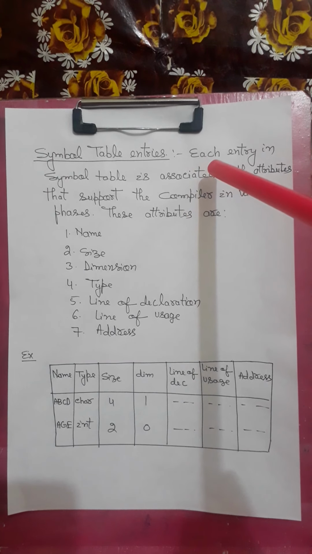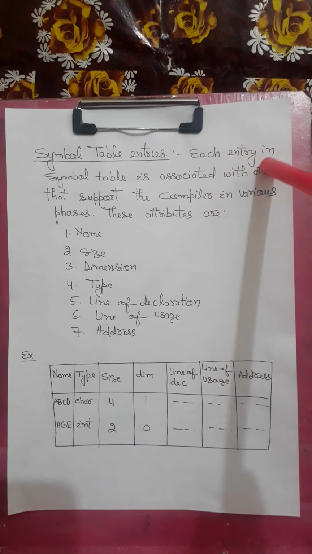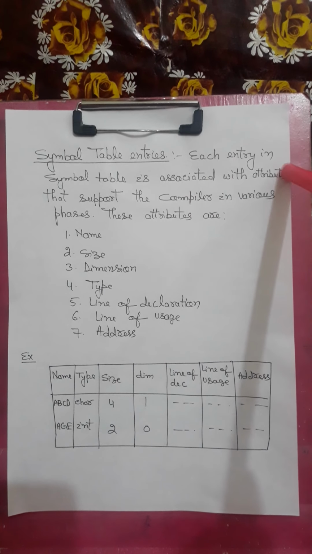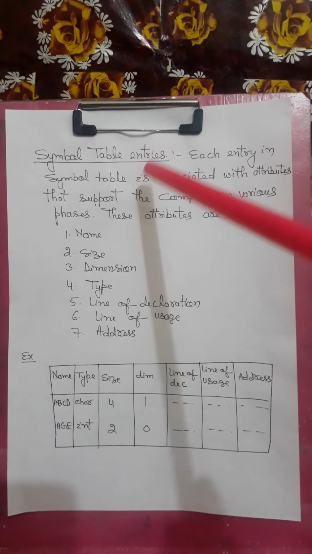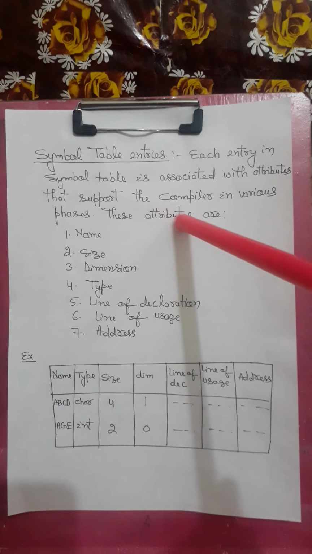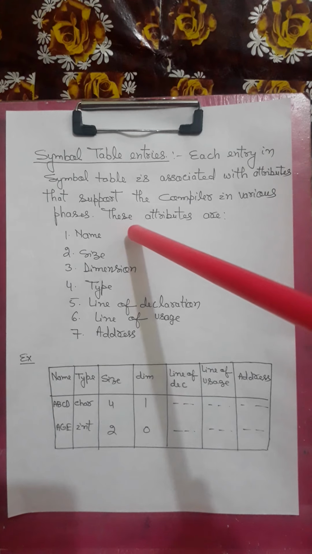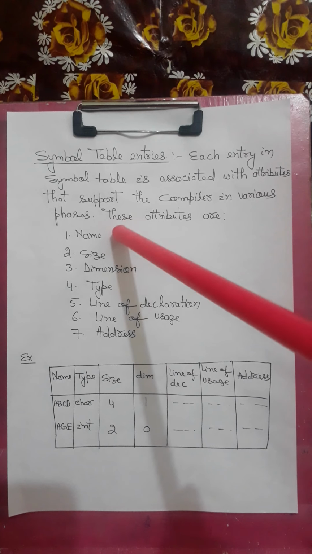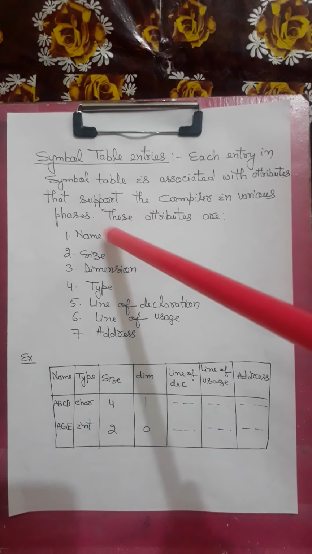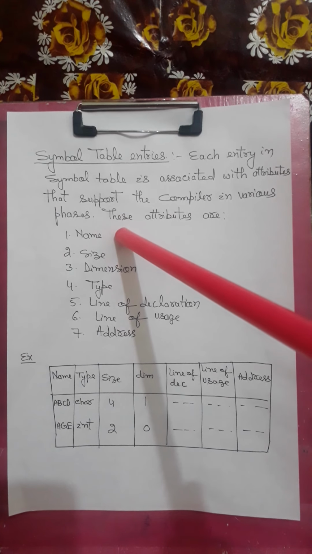The symbol table contains some entries. Each entry in the symbol table is associated with attributes. These attribute values are associated with the symbol table entry and support the compiler in various phases. These attributes are name. Suppose there is the instruction int a = 5. In that case, the name is a.